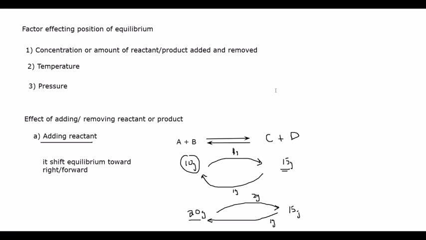So the forward reaction will be faster, and in comparison, the backward reaction will be slower. That's why we say the equilibrium, or the balance of this reaction, is shifted towards the right hand side. Is this clear? The effect of adding or removing: the first part is adding reactant. Copy this one, if no doubt.